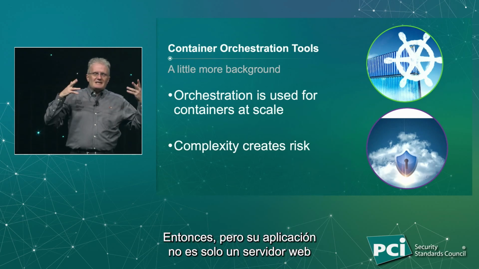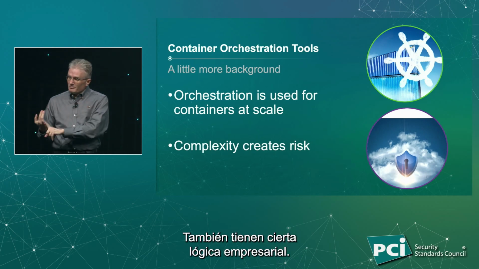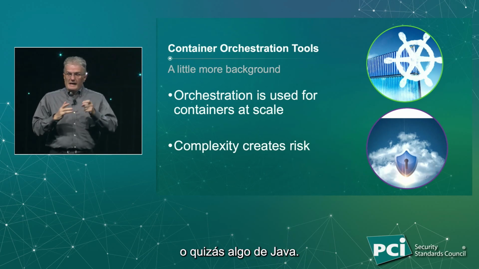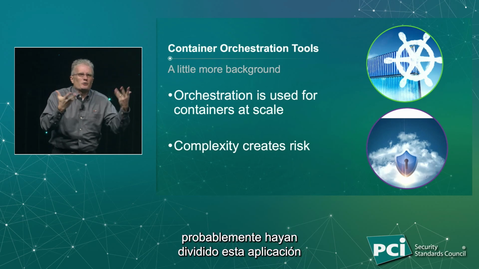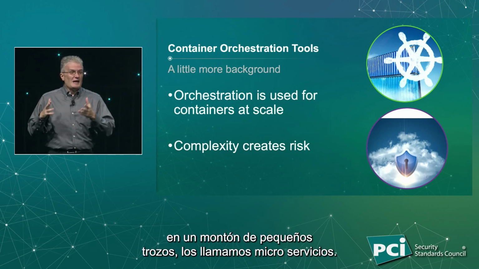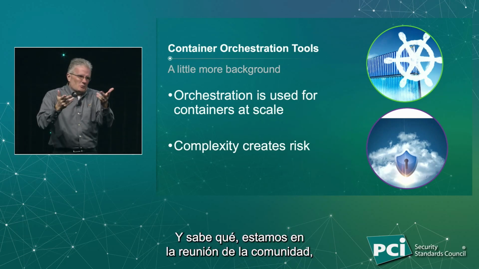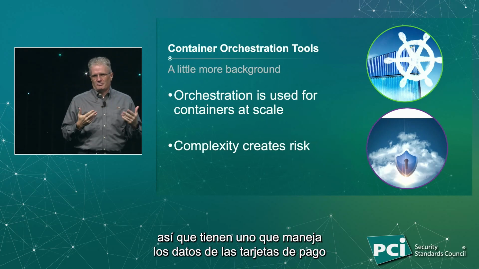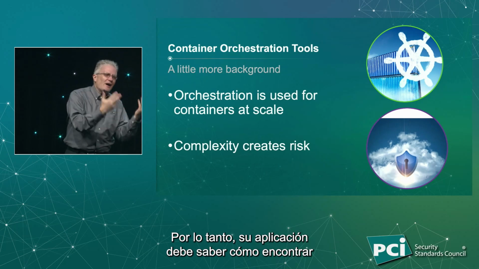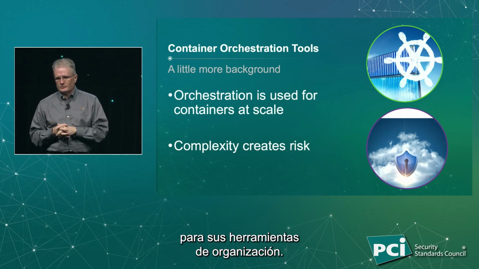But your application isn't just a web server that just serves up HTML. You also have some business logic. So you probably have some Python code in there, or maybe some Java. And with the way things are, you've probably carved this application up into a bunch of little pieces. We call them microservices. And this one handles authentication, and that one handles logging. And you know what? We're at the community meeting, so you've got one that handles payment card data as well, right? So your application needs to know how to find all of these services, and that's also a function for your orchestration tools.